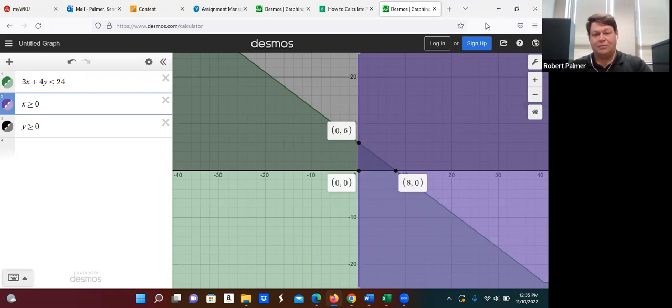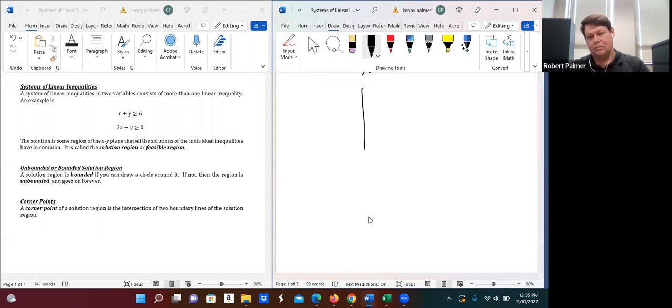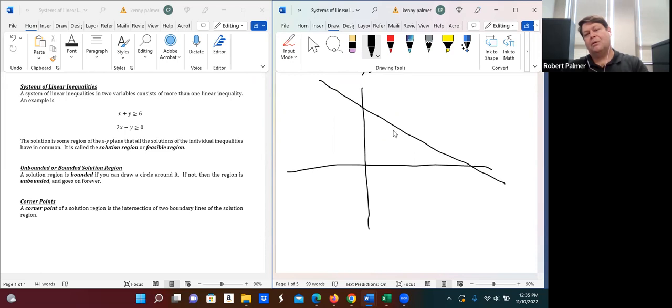Let's draw that. Okay, so this line was 3x, let me write over here, a little more space, 3x plus 4y is equal to 24. That's the line. And the solutions of this one were below it. So I'll just draw little arrows indicating that the solutions to this inequality were the half plane below it. Okay. Then, of course, we had y is greater than or equal to 0.